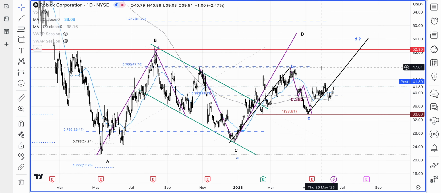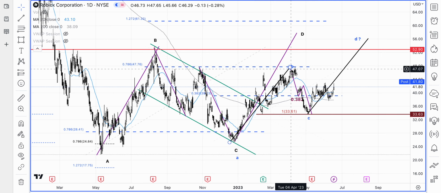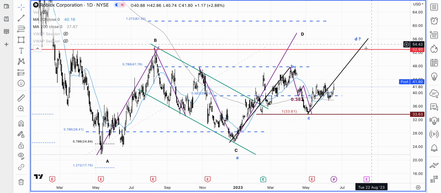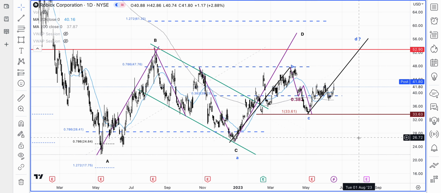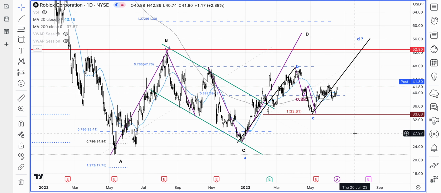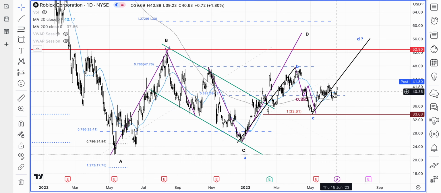There are a number of resistance levels that just come from the structure, such as this region around $47 and then $53, that the stock also needs to overtake in order for us to achieve the price target that we're looking for. From a momentum perspective, this stock is just hovering above the 20-day moving average, which is above the 200-day moving average.